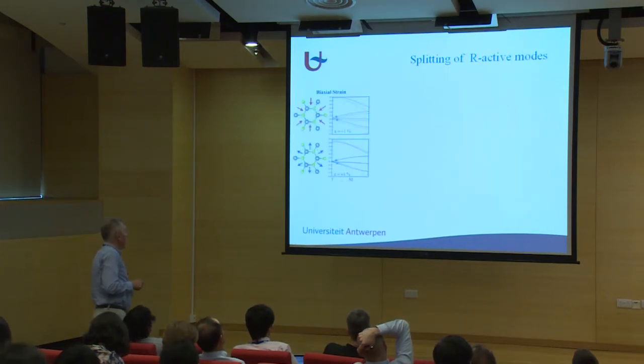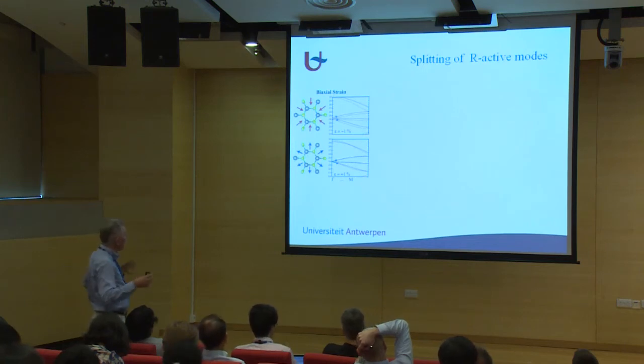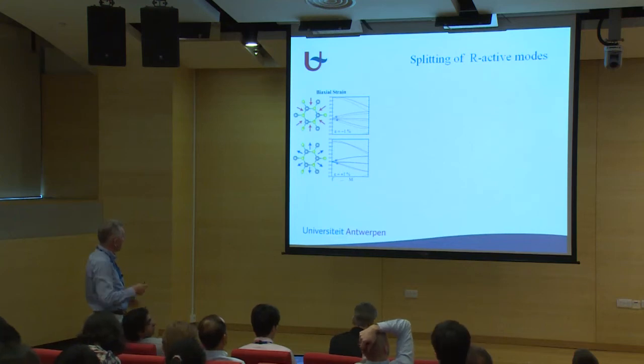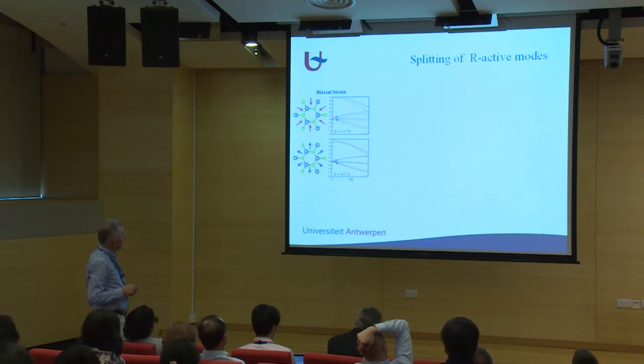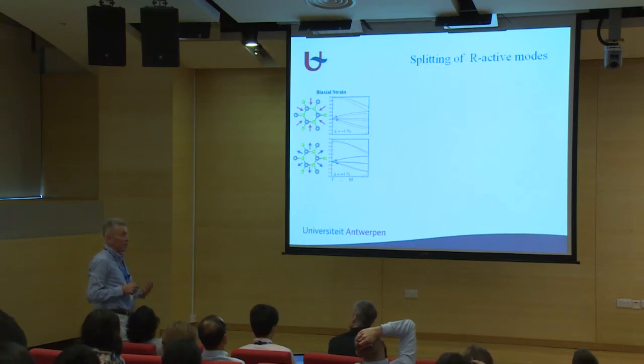If we look at biaxial strain, the arrows give you the direction in which the system is strained, compressed, and here dilated. You see that these modes are still degenerate. They only shift in energy. So biaxial strain cannot explain where you get a second Raman peak.